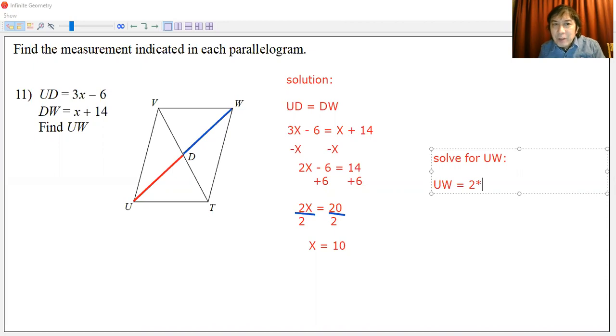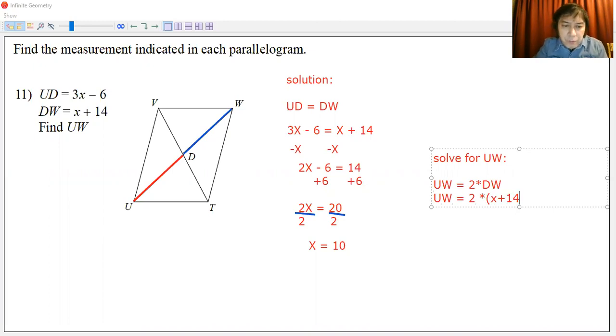Let's select the simpler DW. So UW is equal to 2 times DW, and the expression is x plus 14.